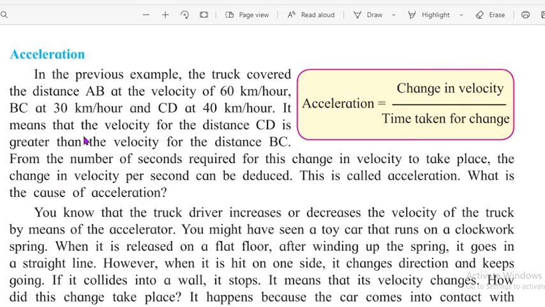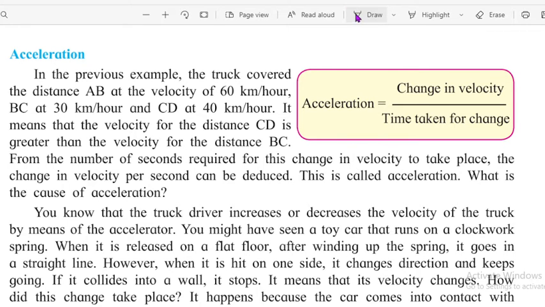It means that the velocity for the distance CD is greater than the velocity for the distance BC. See, CD is 40 km per hour, whereas BC is 30 km per hour.